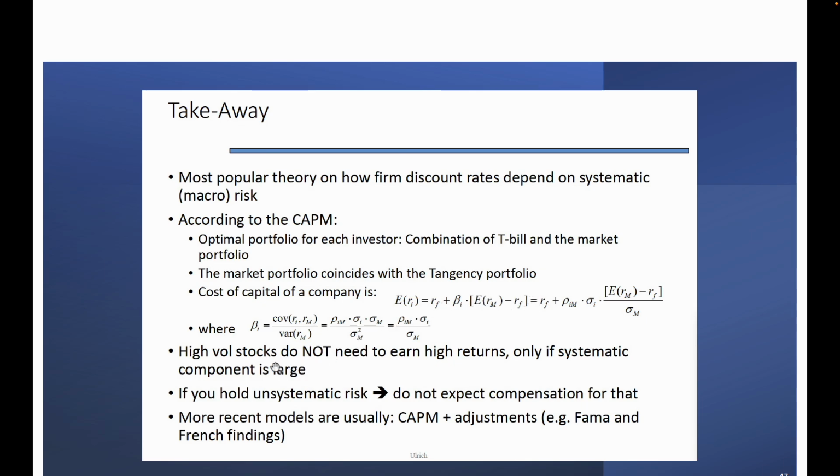Therefore, it can happen that you have a high-volatility stock, but that stock pays low returns on average. And it has to be the case if the beta is low. Most of the risk gets diversified if you hold that. Otherwise said, only systematic risk gets compensated because we are Markowitz investors. Unsystematic risk gets diversified. So the Markowitz investor doesn't care about firm-specific risk.